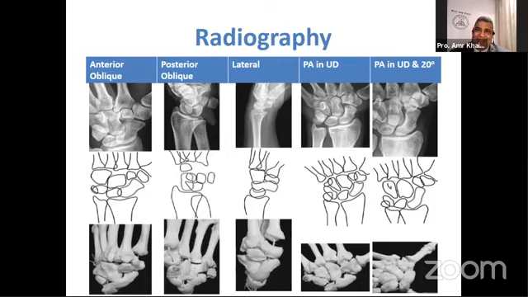Actually, classically, like I said, we were waiting for 2 weeks to show the fracture on plain X-ray. But now, if you have a professional who cannot really waste 2 weeks just to wait for diagnosis, then you have to go for further investigation.